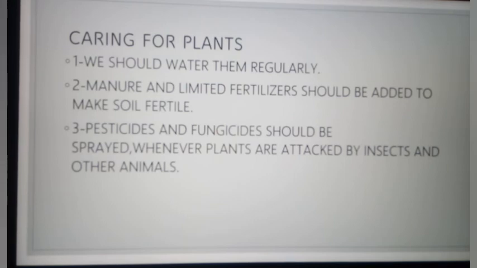Some insects are harming them, so we need to use pesticides and fungicides, time to time, not always. And sometimes soil does not have all the nutrients which are necessary for their growth, so we can use manure and fertilizers. What is manure and what is fertilizer?